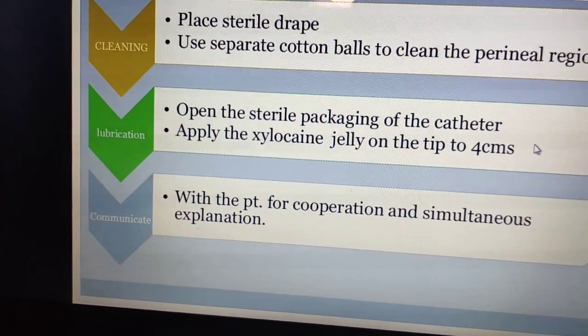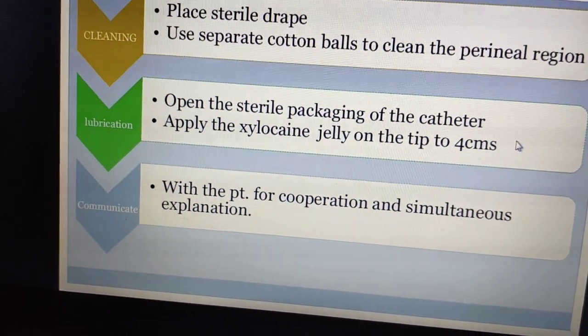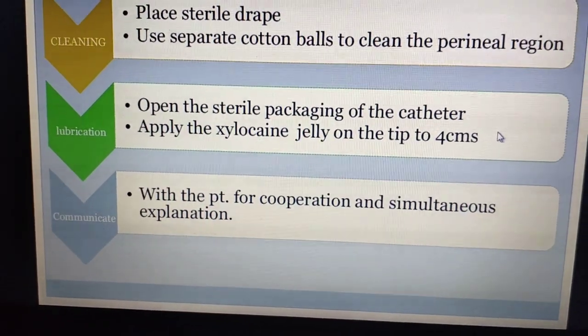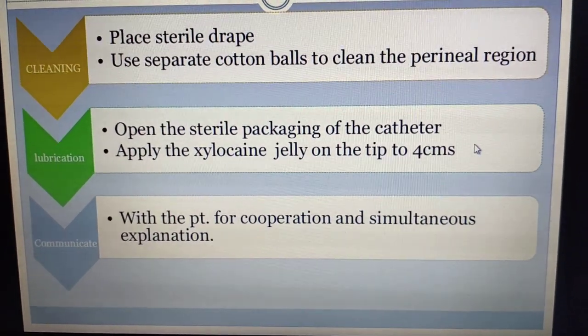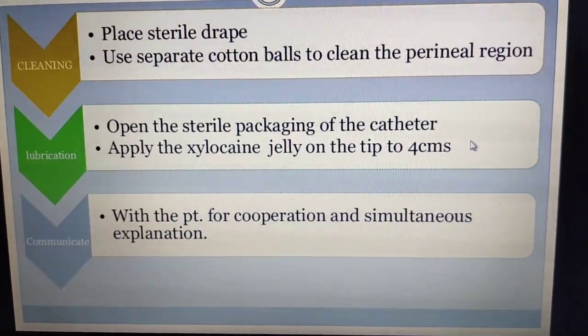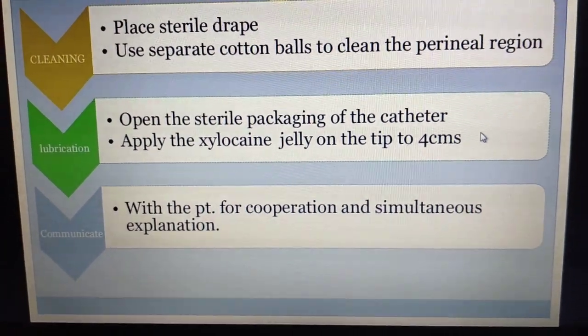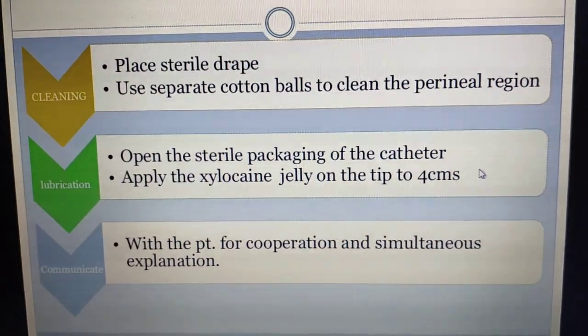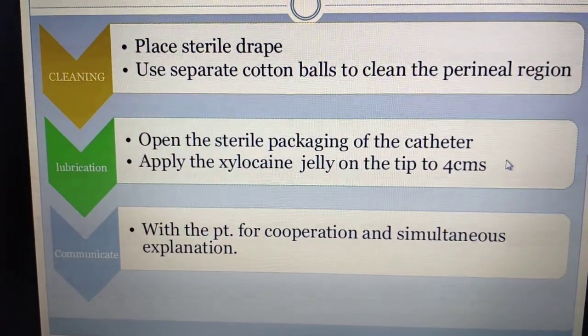We have to clean the area first. Then open the sterile package of the catheter. Then apply the xylocaine gel on the tip, up to 4 cm you have to apply. Then take the cooperation from the patient, and simultaneously explain what you are going to do at each particular moment of the procedure.